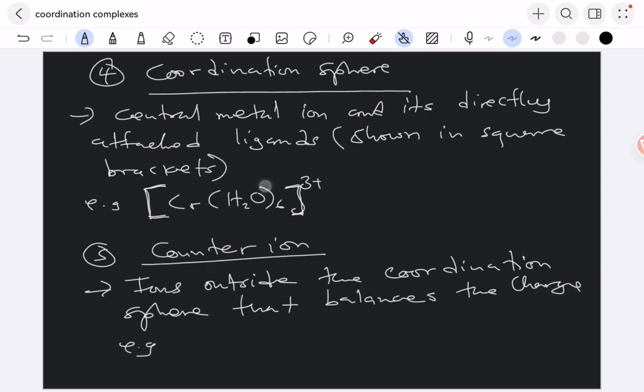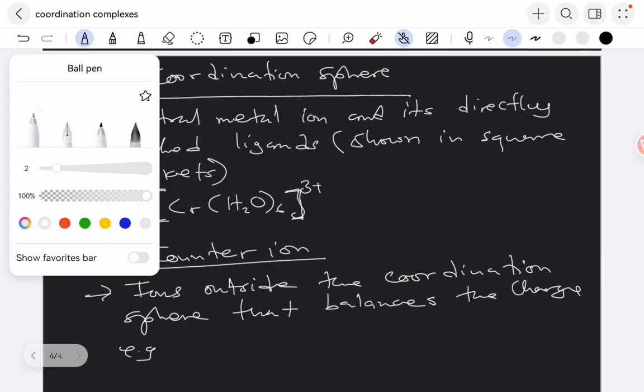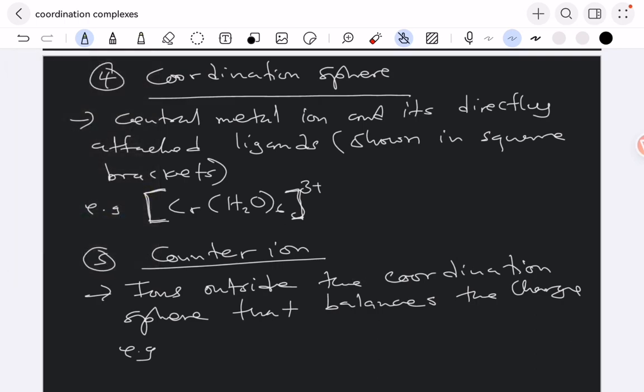For example, if we have a chloride in a complex of hexaamminecobalt 3 chloride, this guy out here is what is referred to as a counter ion.